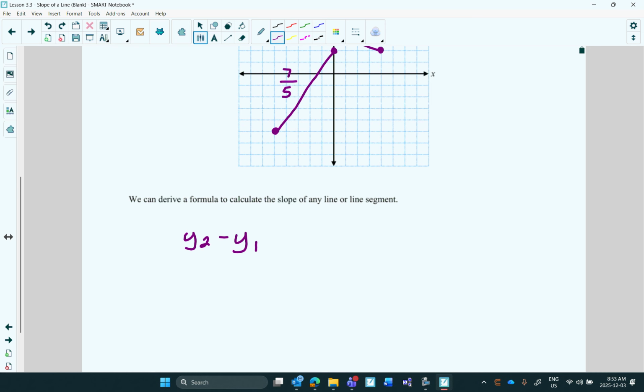That gives me the vertical change or the rise. Then I divide that by the horizontal change, which is the difference in the two x's. So the second x minus the first x, or the first minus the second, doesn't matter which way you go.